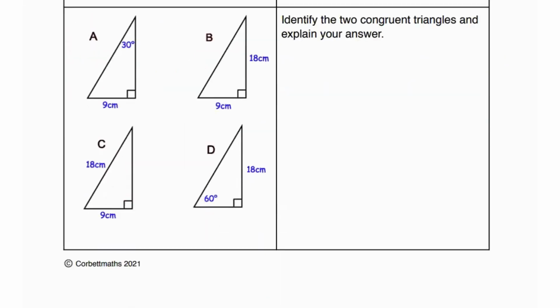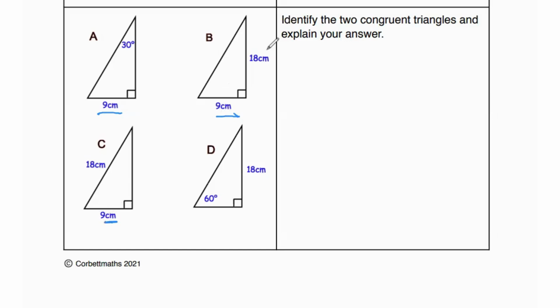Next question says, identify the two congruent triangles and explain your answer. So if you look at the triangles, if you look at A and B, you can see that they have the same length, 9 centimeters and 9 centimeters. Similarly, C also has the same 9 centimeters.